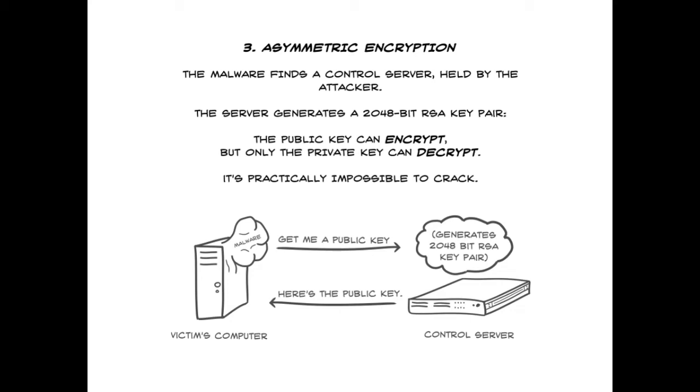It's a public key that goes to it. That public key works for the encryption, but only the private key that gets generated after the encryption can decrypt the files. So even if you find the public key, it doesn't mean you can decrypt the files. We still need the private key, and the private key is what's going to get sent from your computer back to the control server.